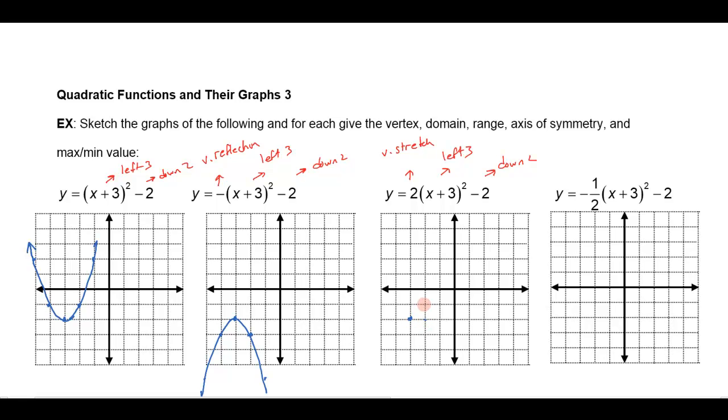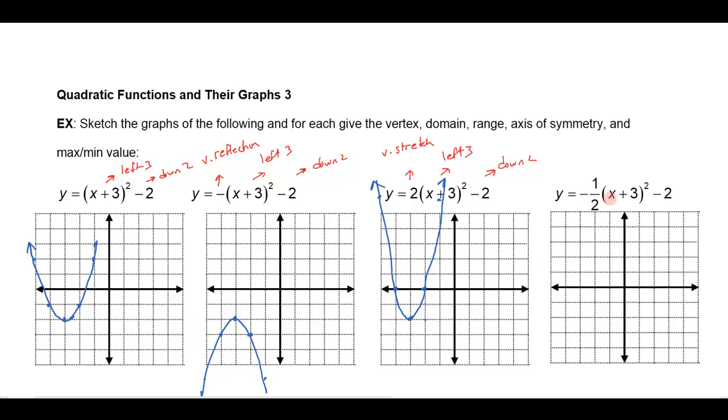When I go over 1, I normally go up 1, but the 2 is going to stretch it to go up 2 instead of just 1. Instead of going over 2 up 4, it's going to stretch it to go up 8. And that's going to give me a graph that looks a little skinnier. Okay? So it's going to look something like this. Hard to draw with the little pen tablet that I'm using, but you can tell it's a little skinnier than this one.